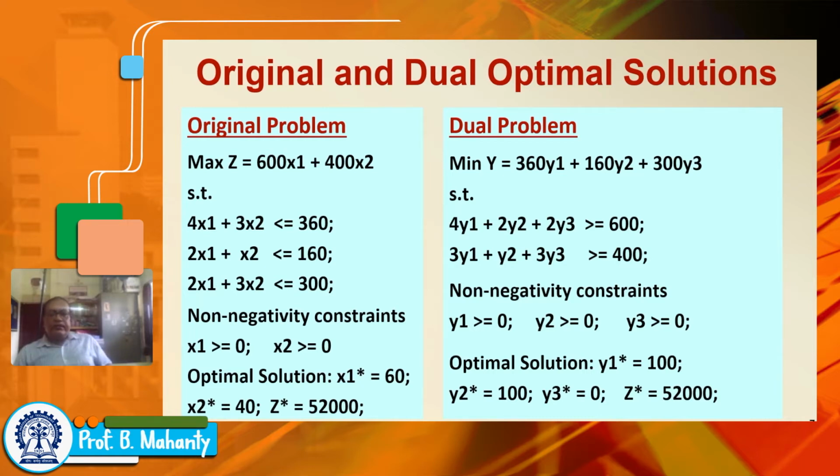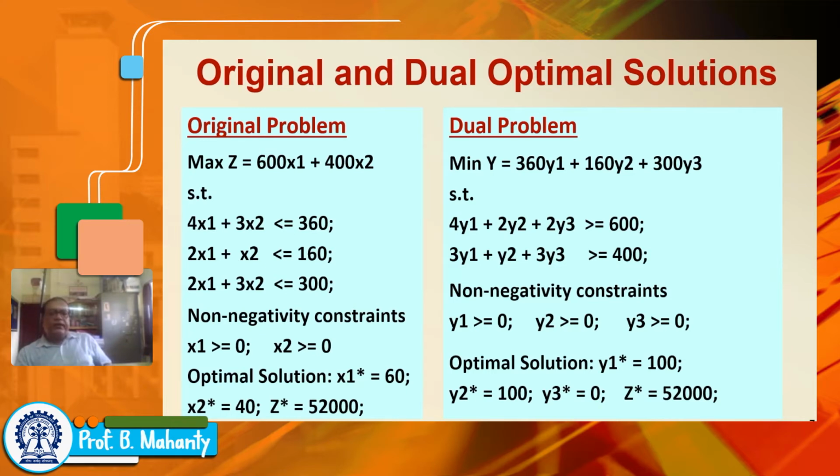So at other feasible points, which actually solve these two equations, supposing I take y1, y2, y3 suitably higher, for example, suppose I take, instead of 100 100 0, suppose I take 100 100 100.